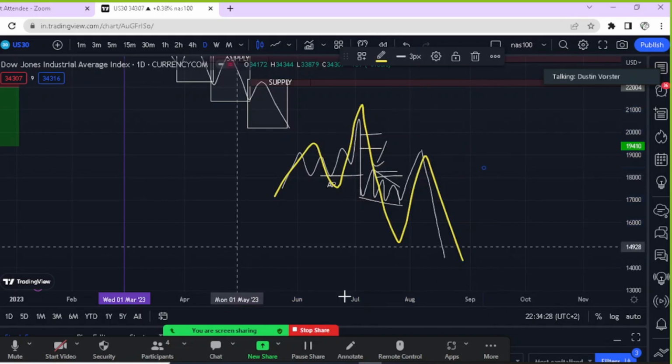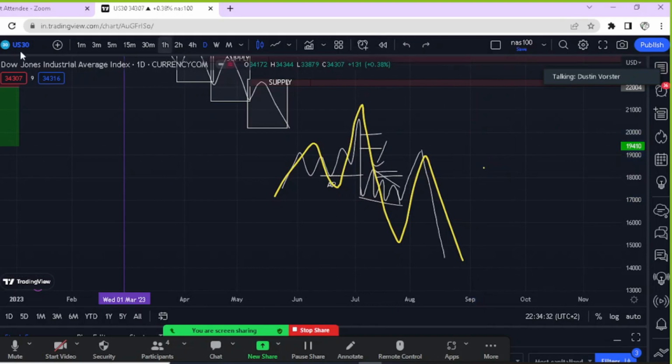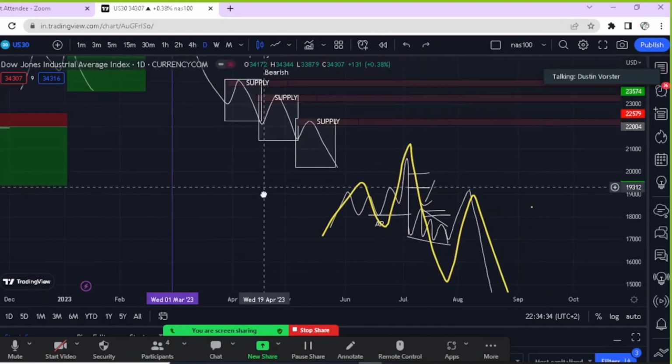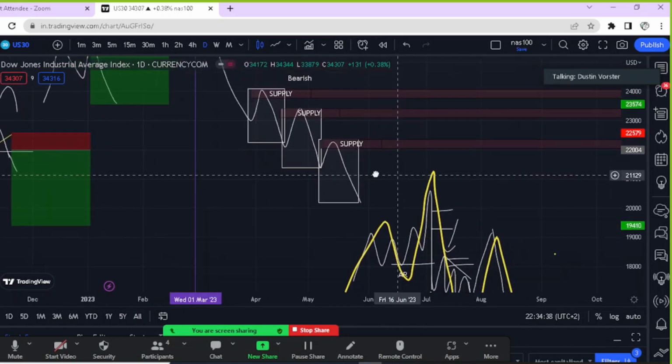Because the change of character, which flipping markets teaches, is literally this snowflake, that sort of schematic.